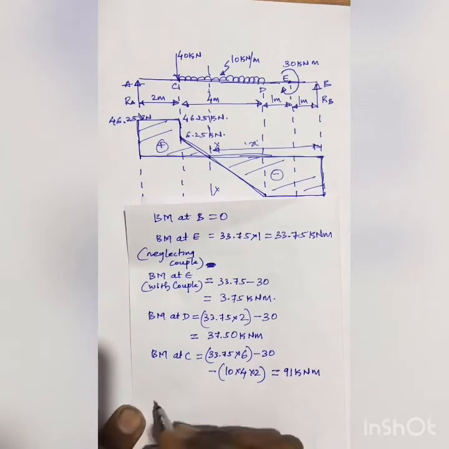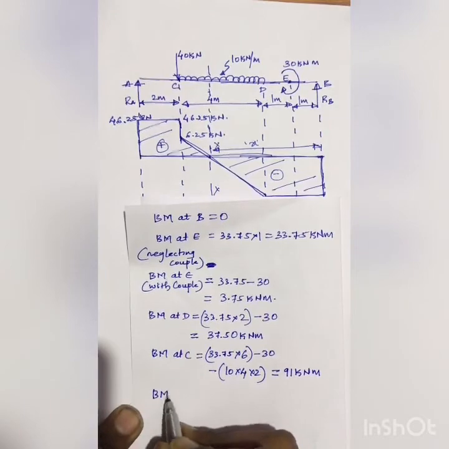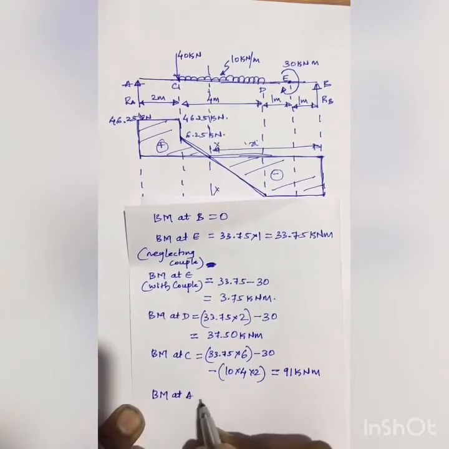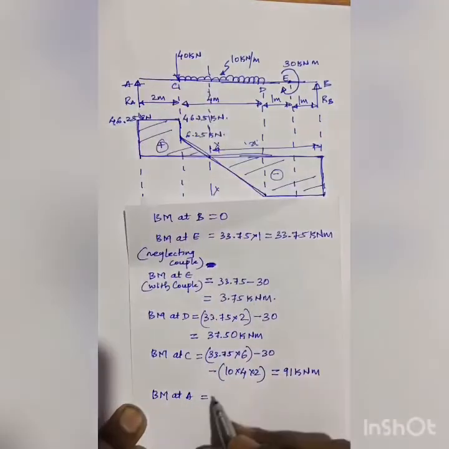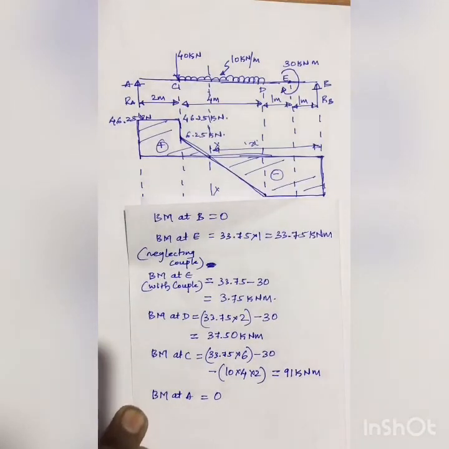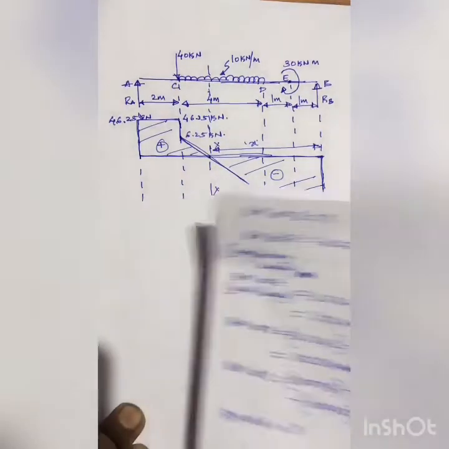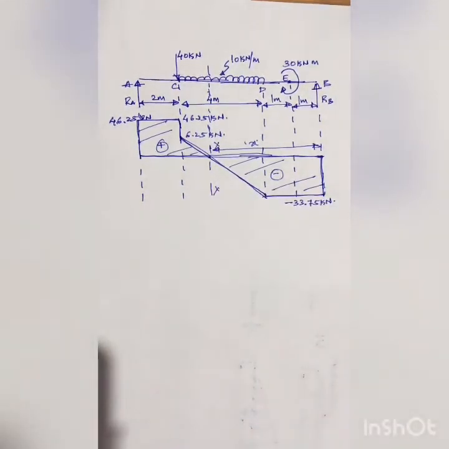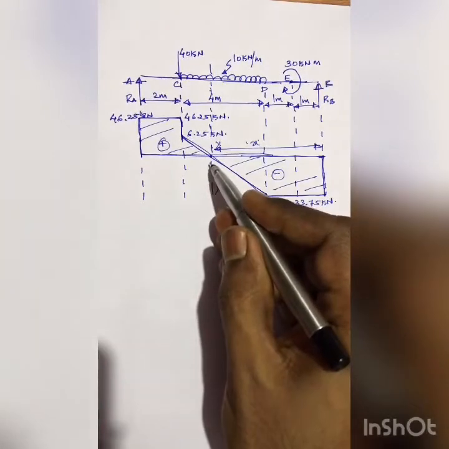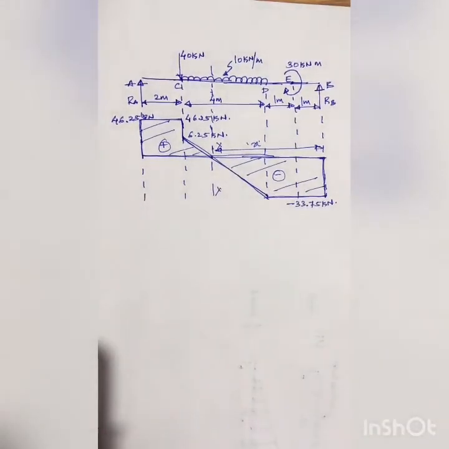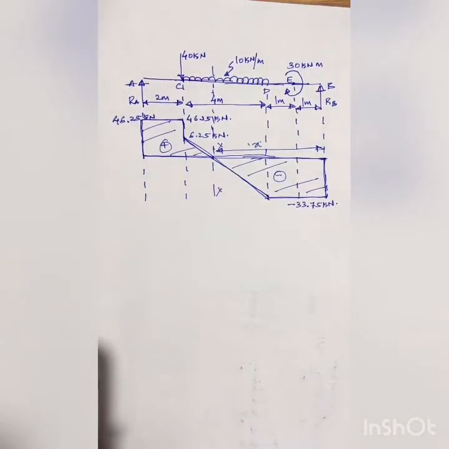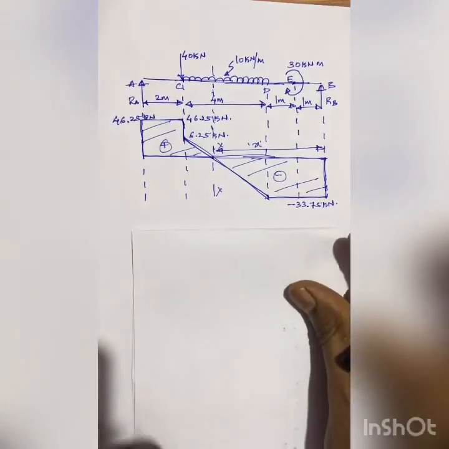And ultimately, if I find the bending moment at A, that is at the support, it will be equal to 0. Also, we need to find the bending moment at one salient point, which is the bending moment at XX, that is the maximum bending moment, because at XX I know that the shear force is 0, and at the point or section where shear force is 0, the bending moment will be maximum.